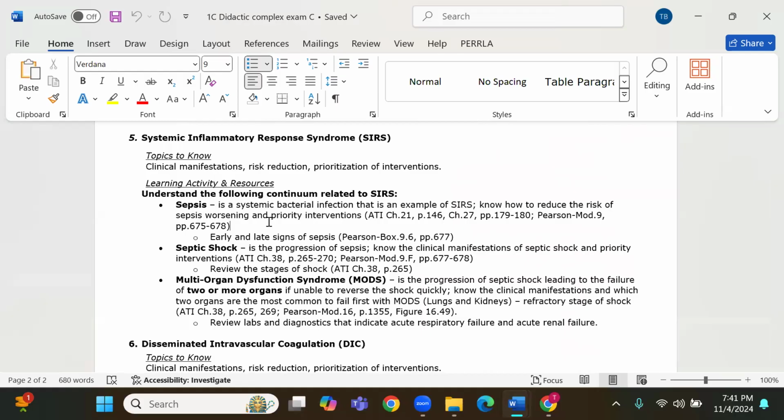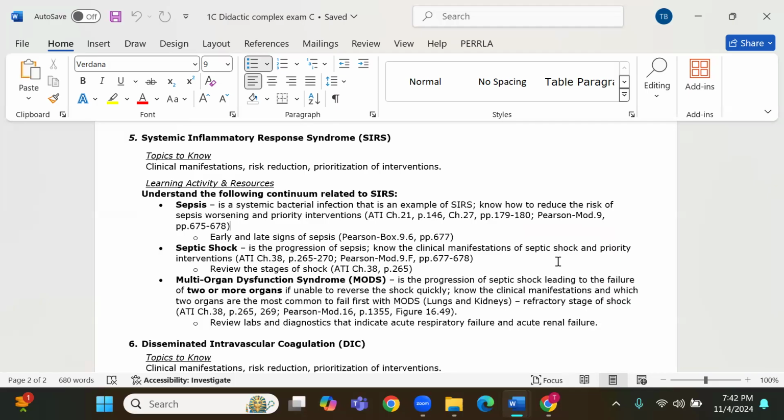Now, when we go into septic shock, that has gone through the whole circulation, right? And it says, what are the clinical manifestations of septic shock? We really need to look at the ATI book and say, what do they want us to know about septic shock? But remember how I said, at first we may not even notice it.